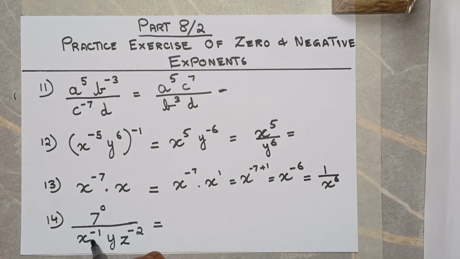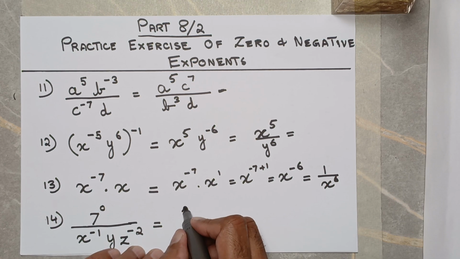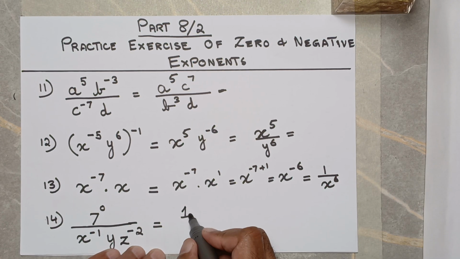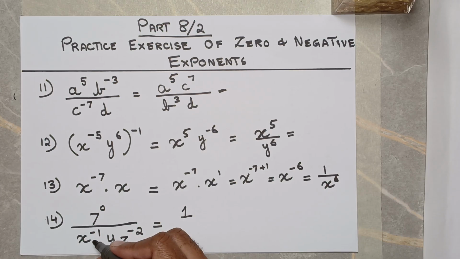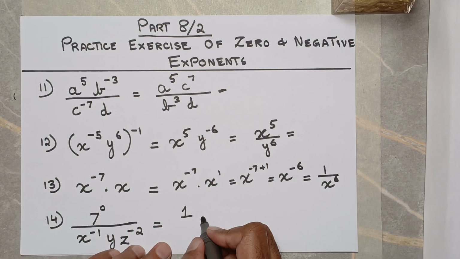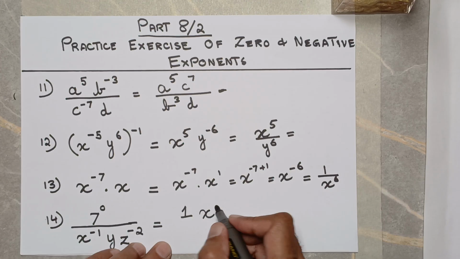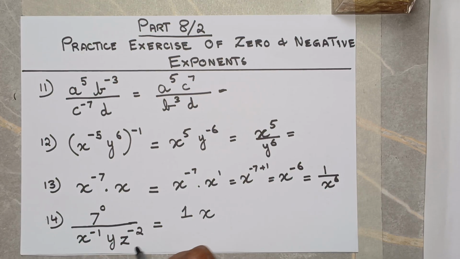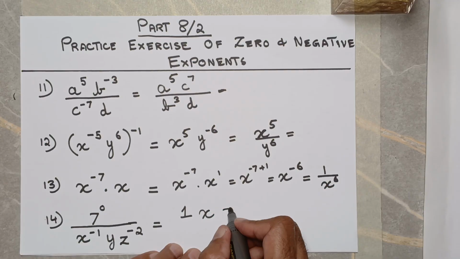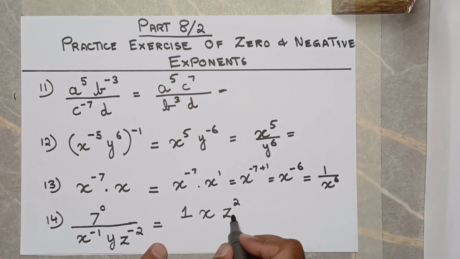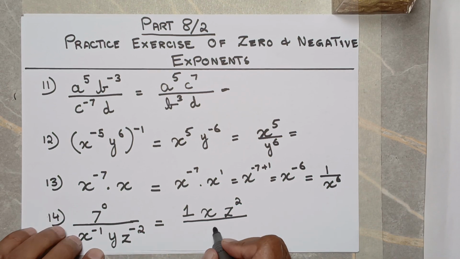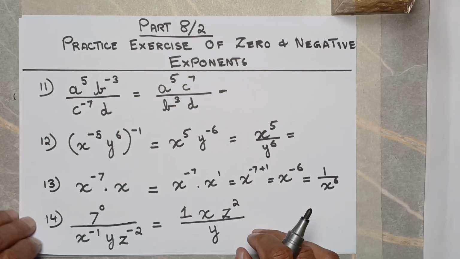And in the denominator, we have x raised to the power minus 1, y, and z raised to the power minus 2. 7 raised to the power 0 has given us 1, and when we shift x raised to the power minus 1 towards the numerator, it becomes simply x, or x raised to the power 1 if you want to write it. And z raised to the power minus 2 becomes z raised to the power 2 when we move it upward to the numerator side, and we leave y as it was. So this is our final answer.